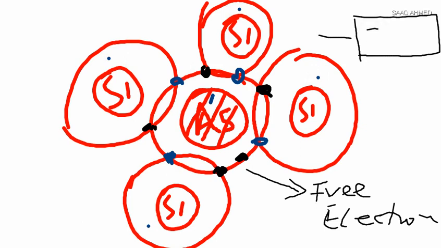If I add 2 arsenic atoms, 2 electrons, 3 electrons, 4 electrons, 5. In this way, manufacturers can control the number of free electrons in the n-type semiconductor during the doping process.